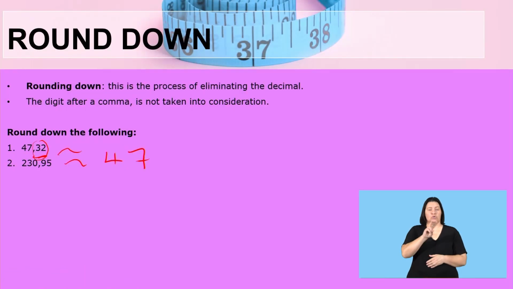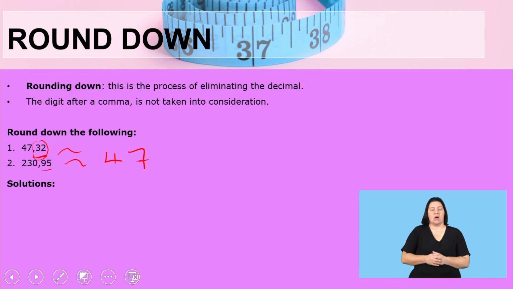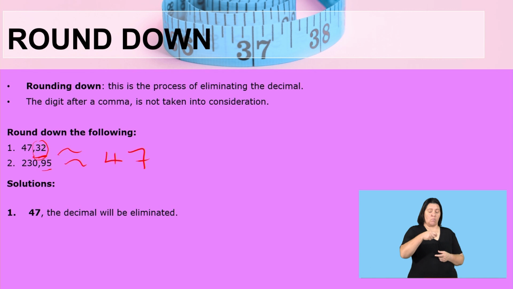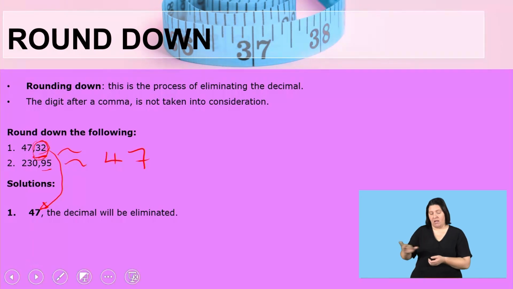You just eliminate it. And then with the second one, we have 230,95. With 230,95 as well, we are saying you need to eliminate the decimal. So these are the solutions. For 47,32, our answer is 47 because we've eliminated 32.